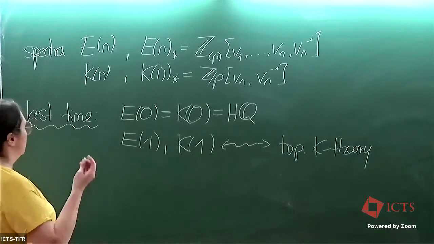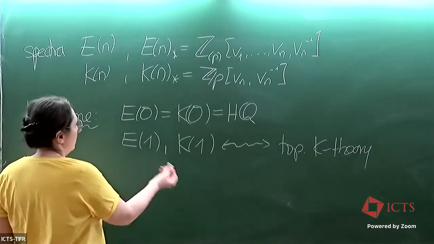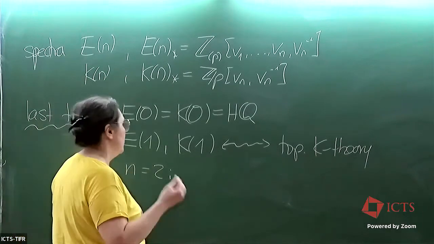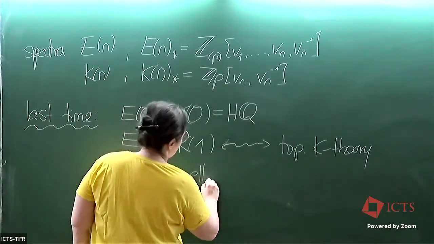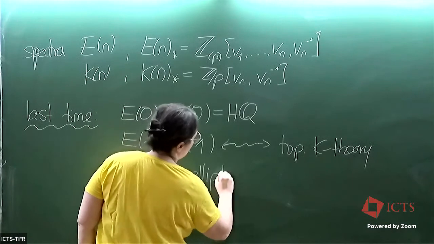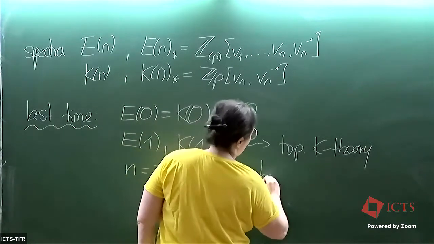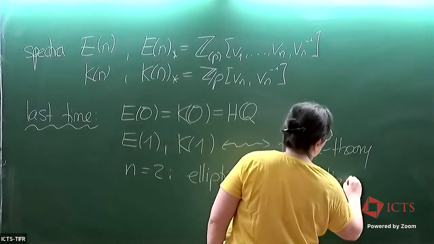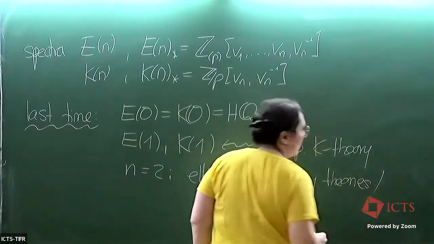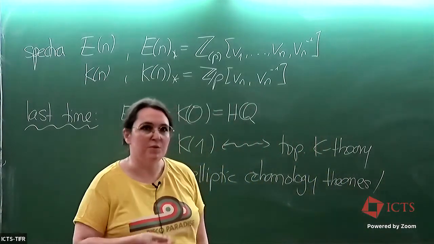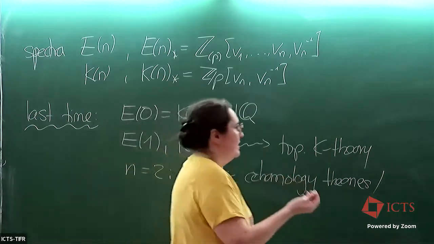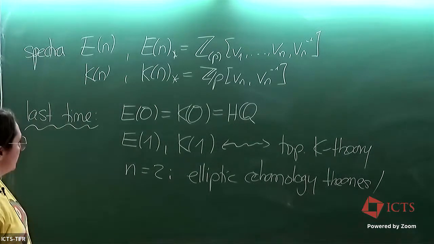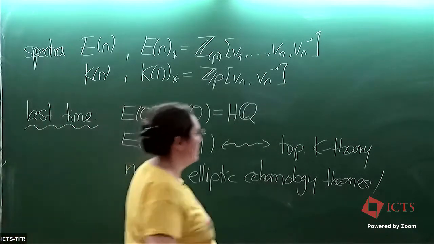And I also said a little bit about what you can do at n equals 2. So n equals 2 was related to so-called elliptic cohomology theories. And people also like to spend their lives doing calculations, trying to calculate some homotopy groups of K2 local spheres, for example.